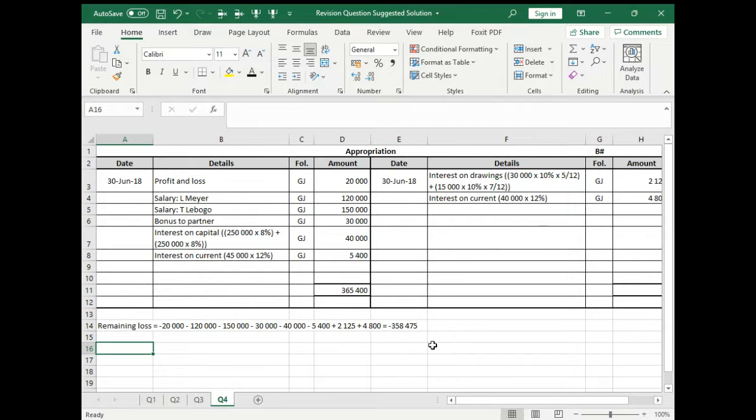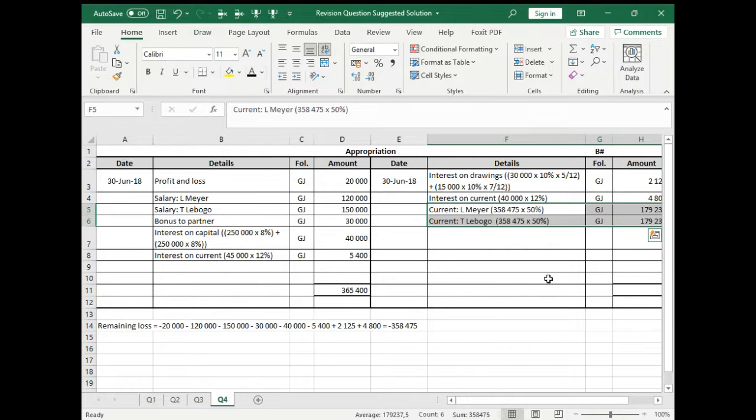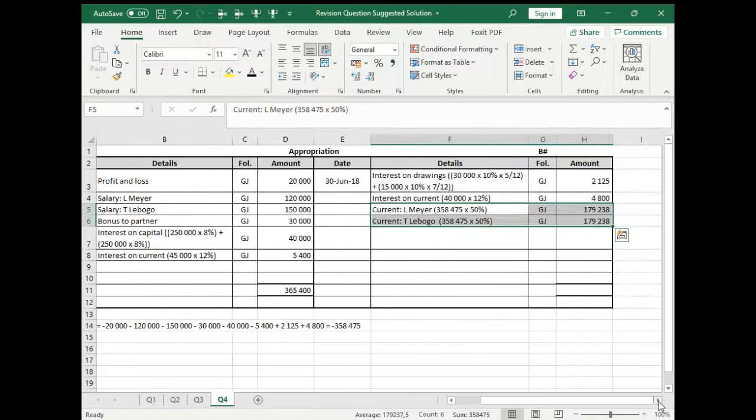Now that loss is then distributed equally to the two partners to their current account. Remember, the current account shows the movement in the capital in a partnership. So because we made a loss, we now have to credit the appropriation account with the remaining balance.